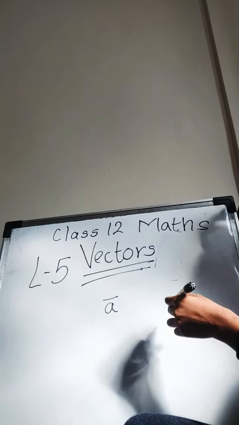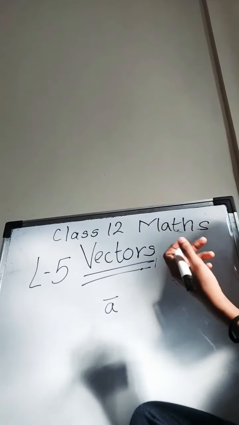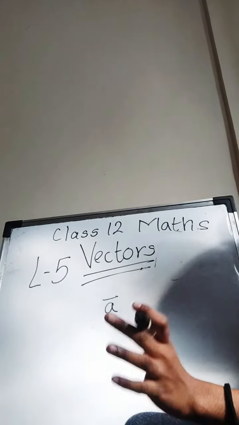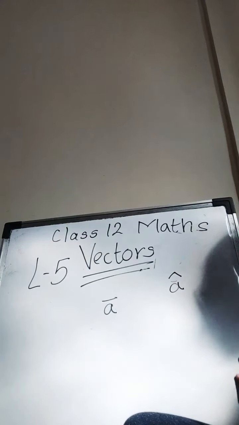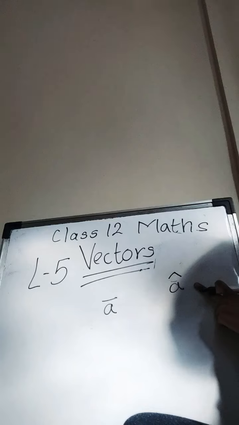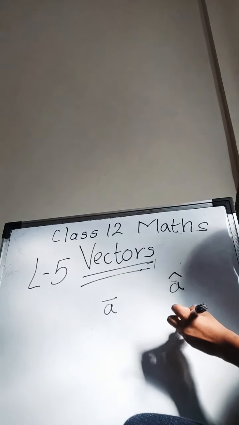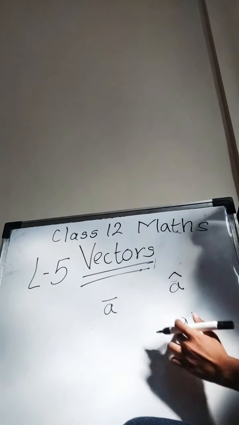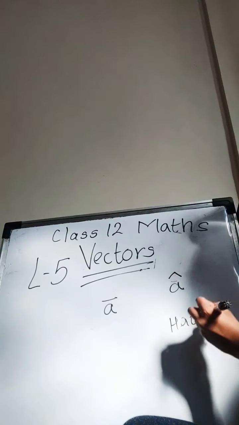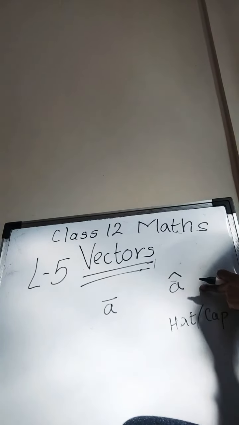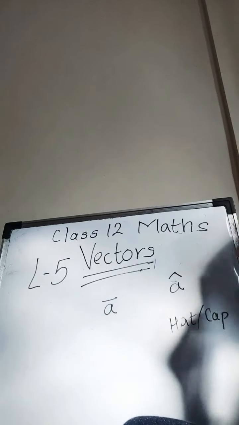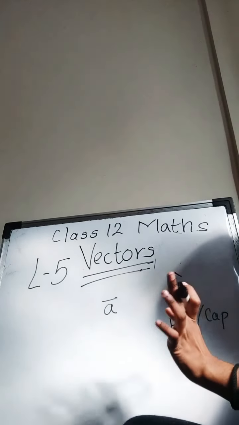And if I am talking about a unit vector, I'll tell you what a unit vector is. A unit vector is represented by a cap, and we also pronounce this as hat. So it is hat or cap. Okay, this is how we represent a unit vector and this is how we represent a simple vector.